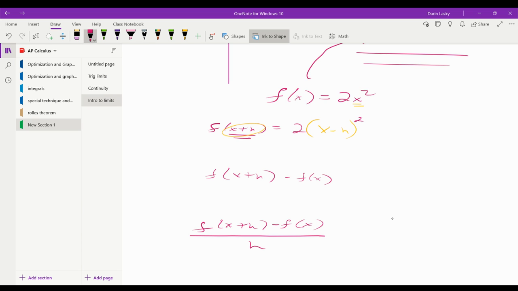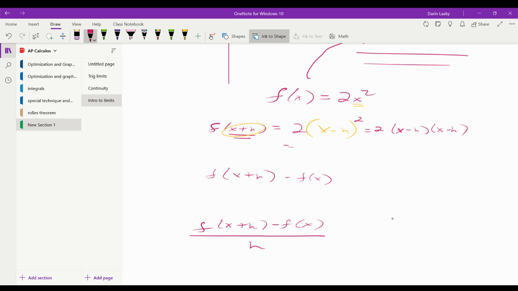Okay, now this is the most common mistake in algebra. We talked about it once. Don't forget, this is going to be a 3-term system. So you're going to end up with 2 times x plus h times x plus h. Okay, so watch your algebra right here on this step because it's very important.